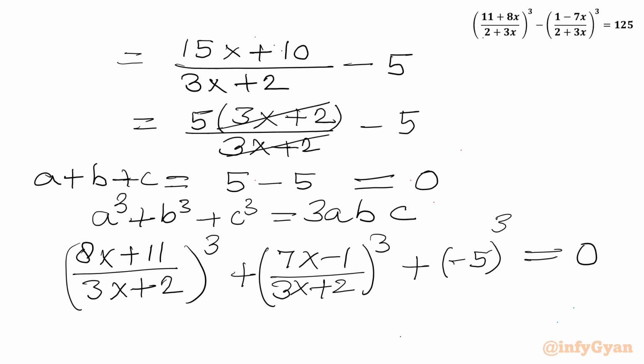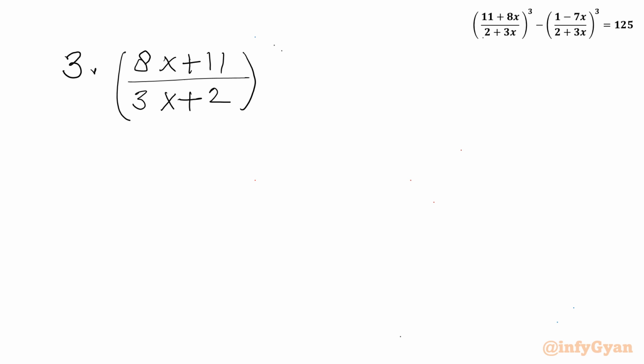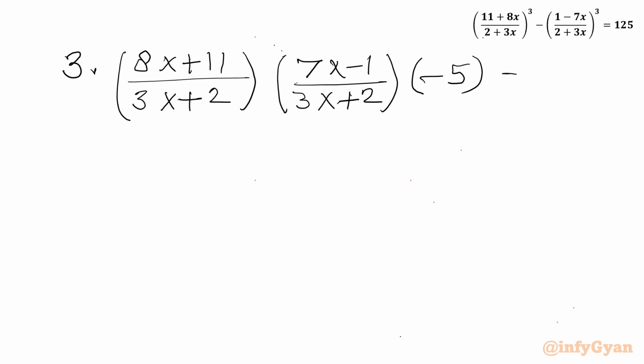So in LHS I can use this algebraic identity and I can write 3 times the product of all 3 brackets. So 3 times A times B times C. A was (8x + 11)/(3x + 2), B was (7x - 1)/(3x + 2), C was negative 5, equal to 0.